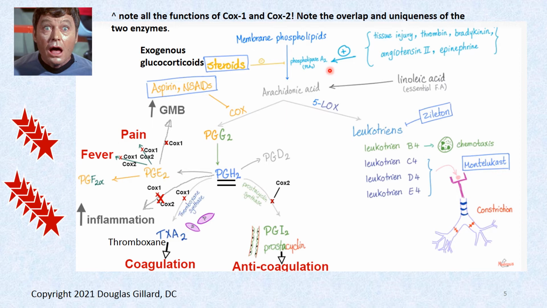We want to kill bugs. We want to clean up damaged tissue. You run this inflammation process. And the very first step: steroids, corticosteroids, and not just exogenous corticosteroids but any type of cortisol, binds to phospholipase A2 and shuts it down, so it can't fire up the inflammatory cascade here.